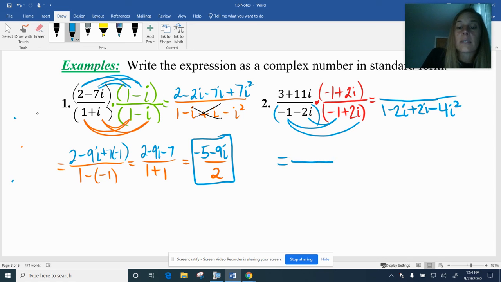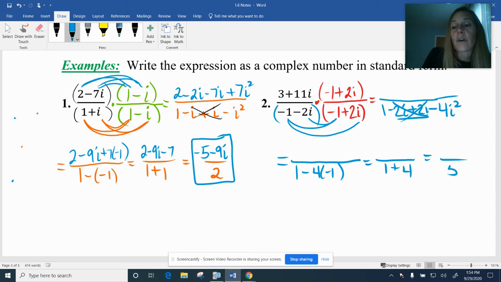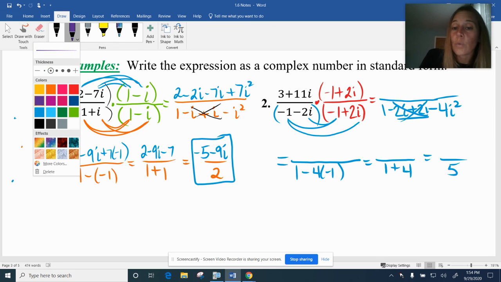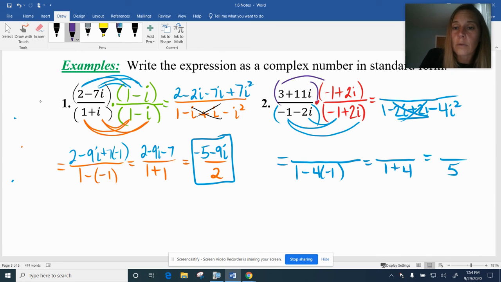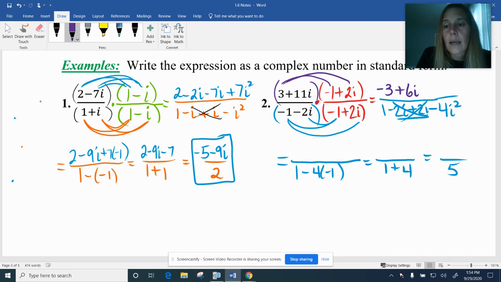Okay, so now just simplifying that to make sure it works. These two are both opposite sign. They cancel. So I have 1 minus 4 times -1 on the bottom. That, of course, gives me 1 plus 4, which simplifies to 5. So now I'm going to do the top, which won't cancel out as much. 3 times -1 is -3, plus 6i, minus 11i, plus 22i squared.